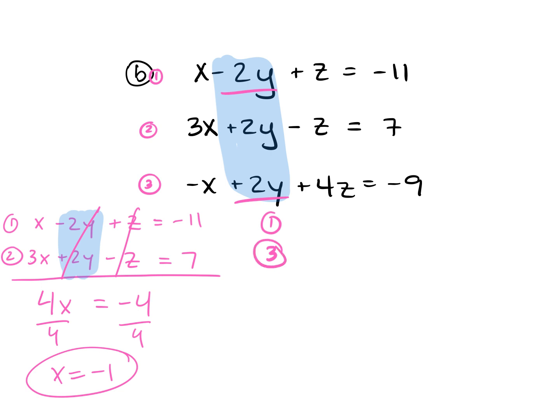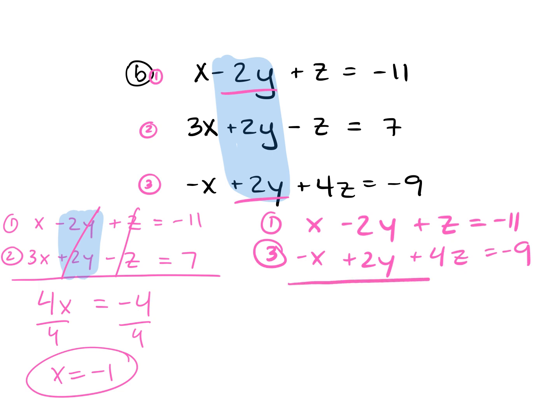So 1 and 3. So we have x minus 2y plus z is equal to negative 11. And negative x plus 2y plus 4z is equal to negative 9. Our y's eliminate, which was our goal. Perfect. What's x minus x? 0.